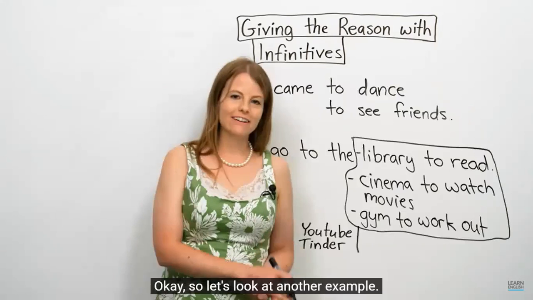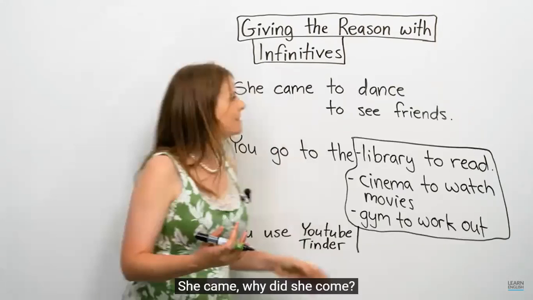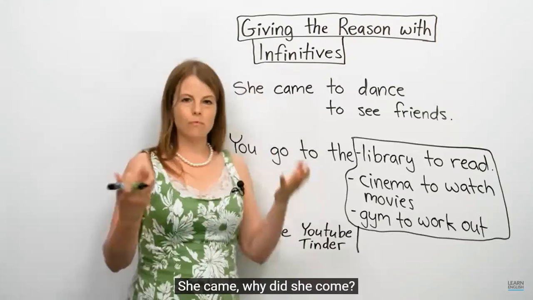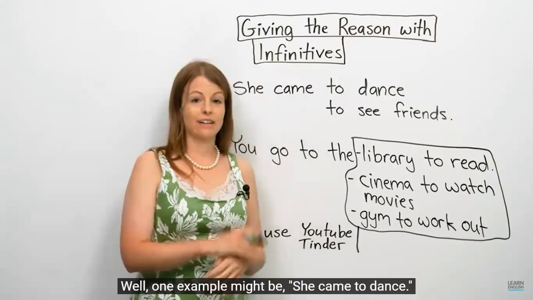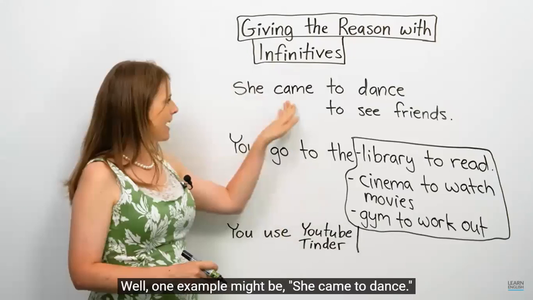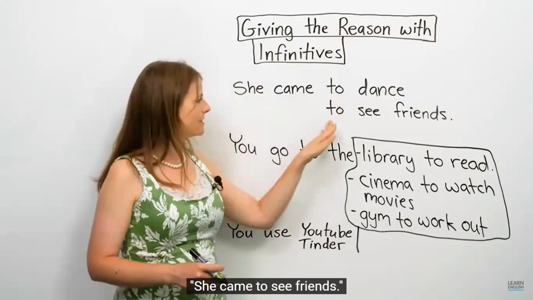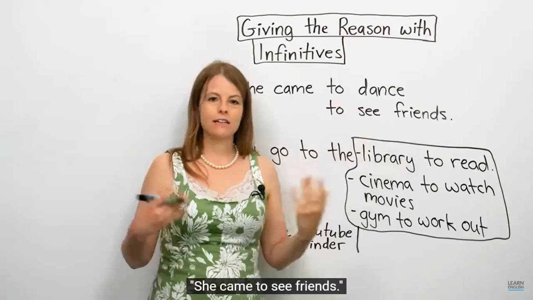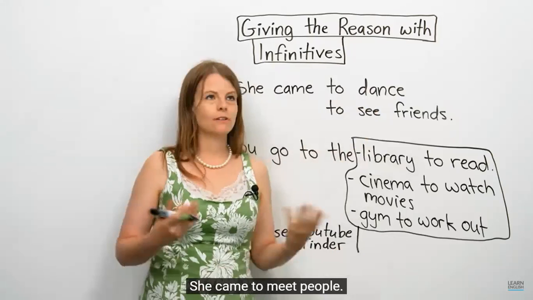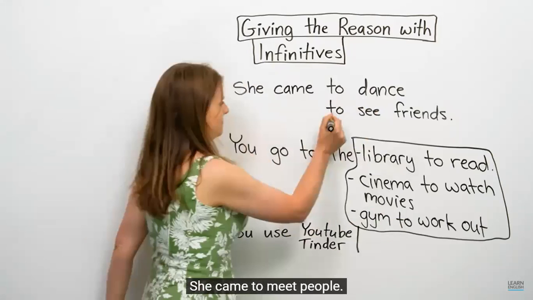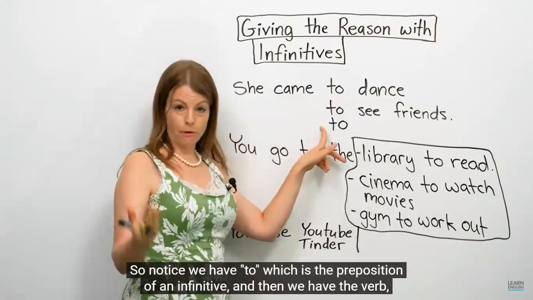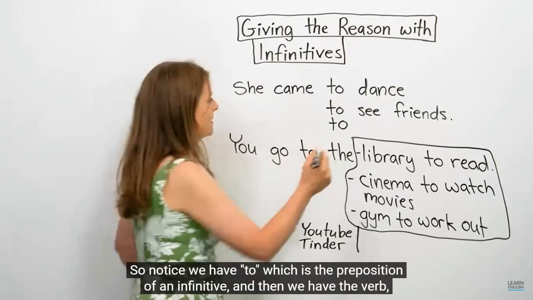Okay, so let's look at another example. She came. Why did she come? Well, one example might be, she came to dance. She came to see friends. She came to meet people. So notice we have to, which is the preposition of an infinitive, and then we have the verb.